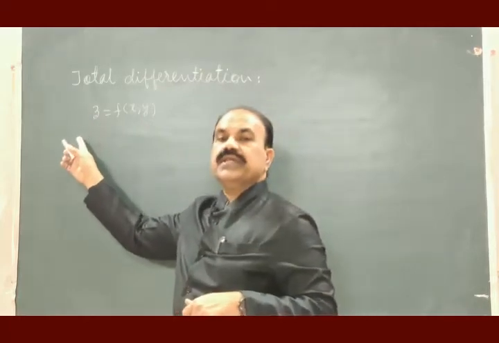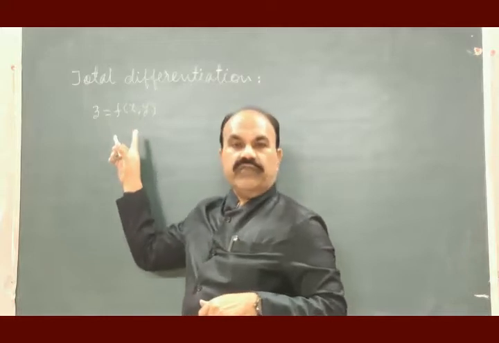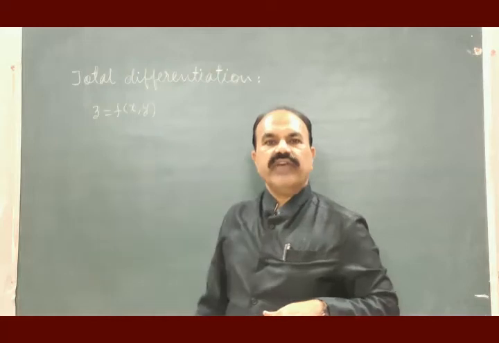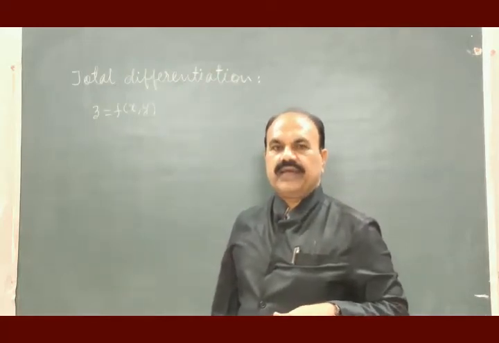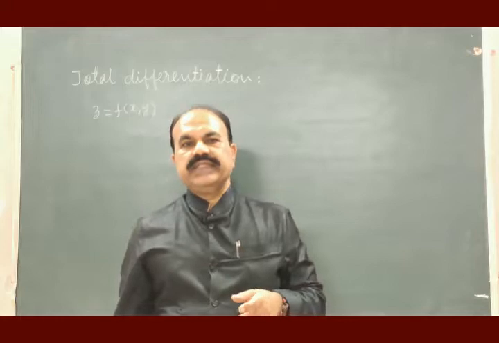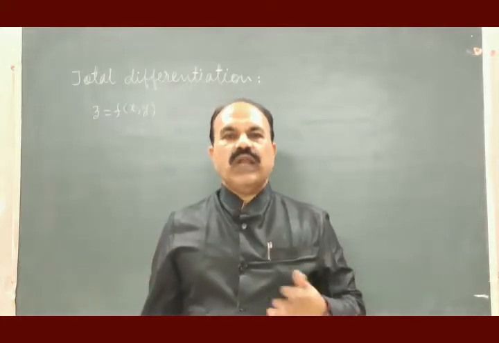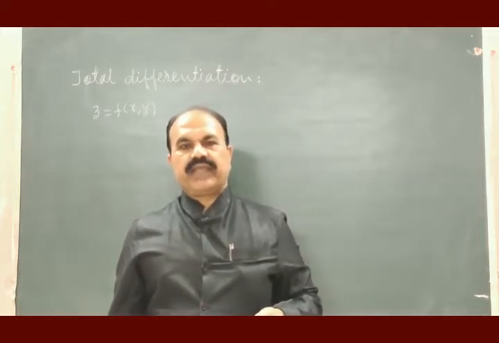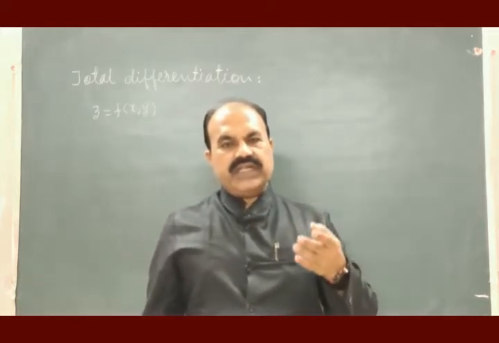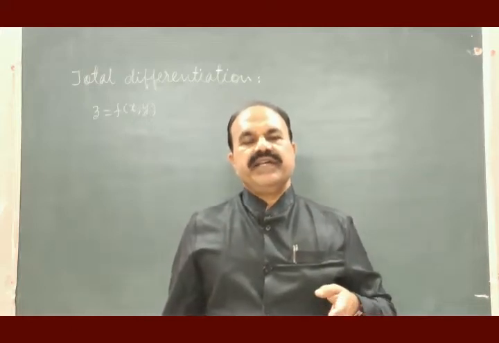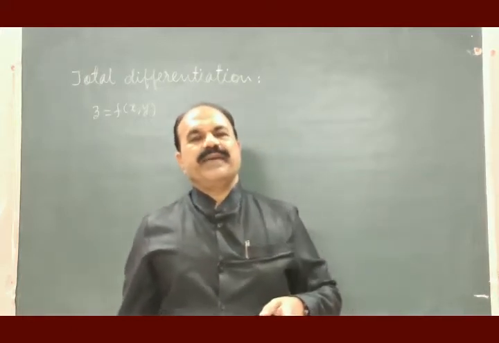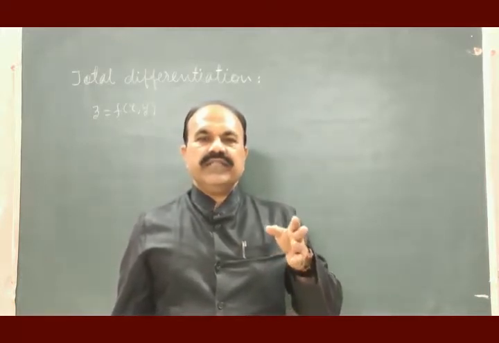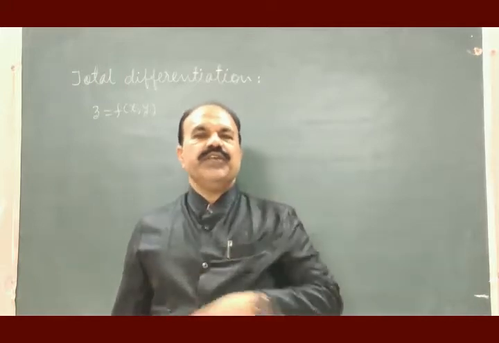So, z is continuous function of variable x, z is continuous function of variable y. Value of z is decided by values of the variables x and y. If x and y changes simultaneously, there will be change in the function z.